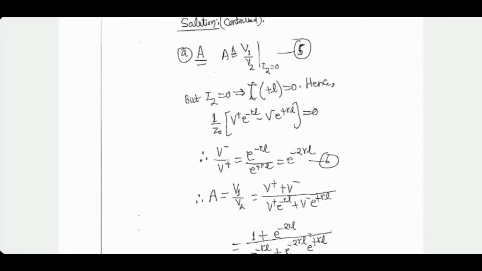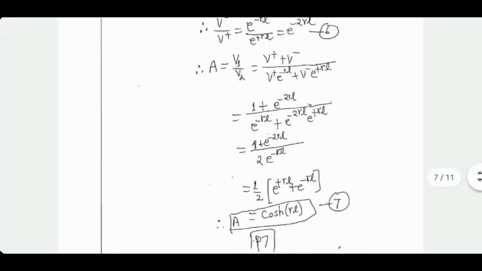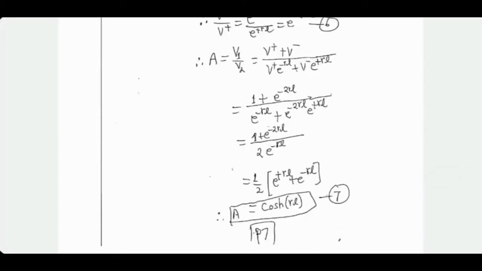V plus plus V minus, divided by V plus e to the power minus gamma L plus V minus e to the power plus gamma L. I divide numerator and denominator by V plus and use the ratio of V minus and V plus given in equation 6. I simplify the result. What I get is A equal to cosh gamma L. You can double check this. This actually agrees with the results given in David Pozar's book. So I think I'm okay here.